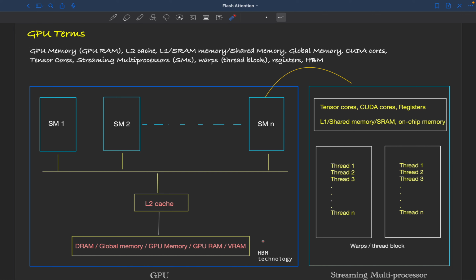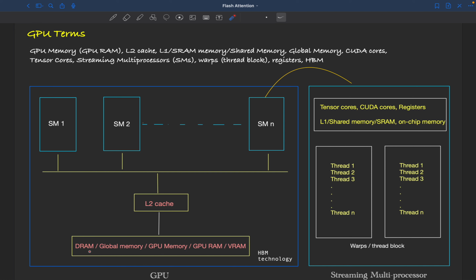When you say data goes through the GPU, we always say that we have a 16 GB GPU or 40 GB GPU or 80 GB GPU. These are all called GPU memories, and we will stick to 80 GB for the rest of our discussion so that it will be easy. And this memory is called by various terminologies.